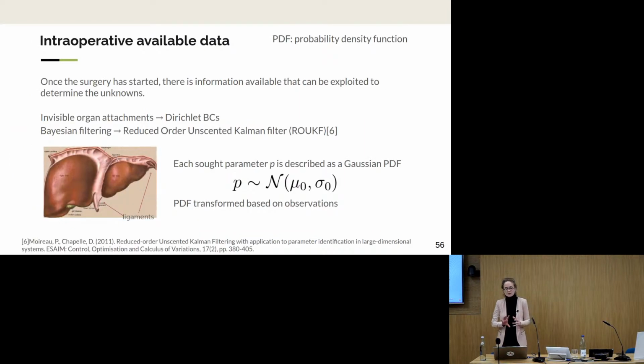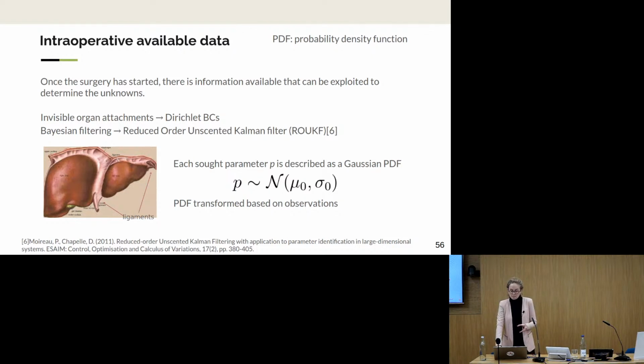Fortunately, once the surgery has started, there is a lot of information available that can be exploited to determine such unknowns. For example, the invisible organ attachment, so the Dirichlet boundary conditions, can be estimated using Bayesian filtering, and in particular the reduced order unscented Kalman filter that models the sought parameters as Gaussian probability density functions that are transformed based on observations in order to find the most likely values of the parameters.